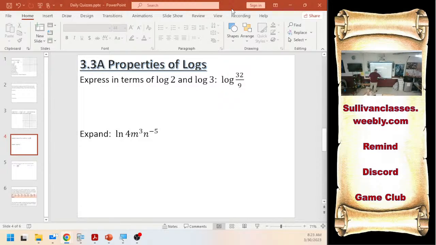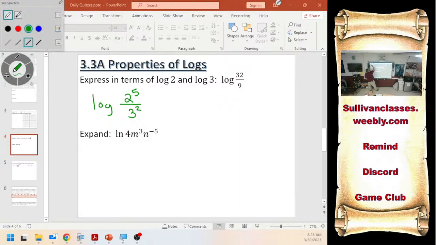So, my log properties are all about factors. If they're all about factors, then I want to make sure that I break things into prime factors whenever possible, like so. If I say log of this and log of that, I want to switch those 32 and 9 into powers. Then, break them up is nice and easy.